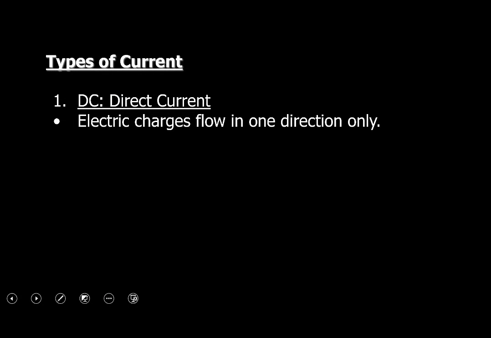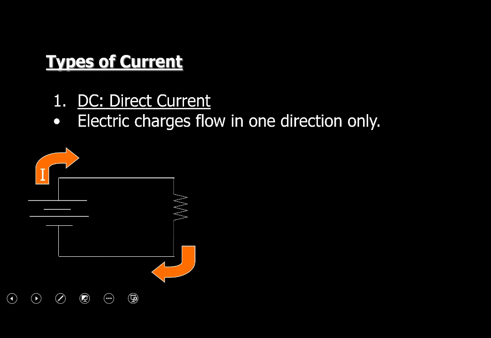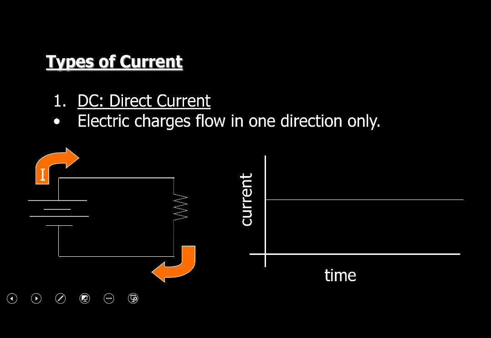The types of current are direct current, and both those examples I just gave are direct current circuits. That means they leave the source and come back to the source later on. If we were to measure the current over time, you'd see it's a steady rate the entire time. The current only flows in one direction.